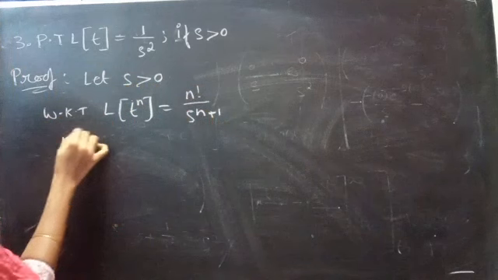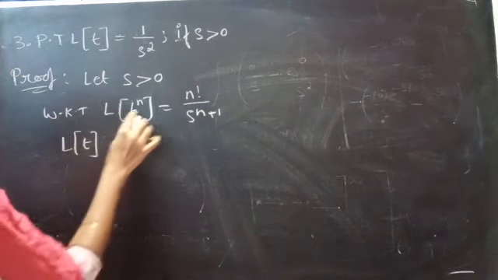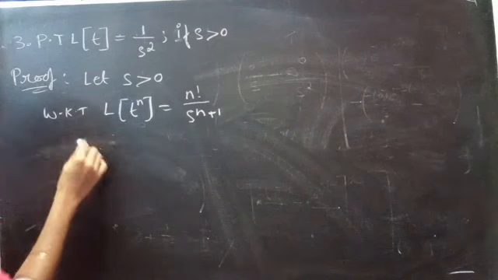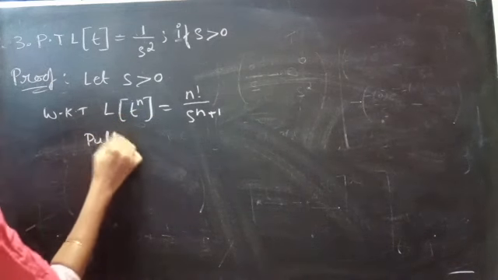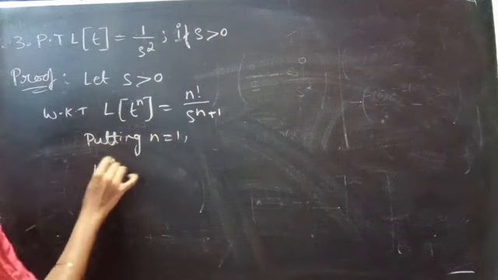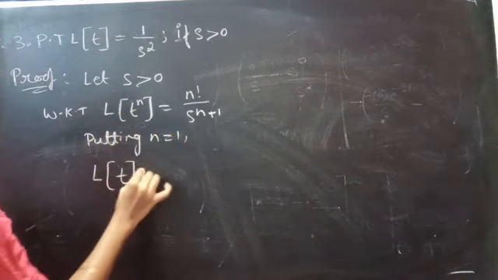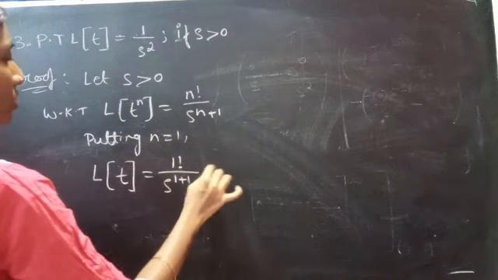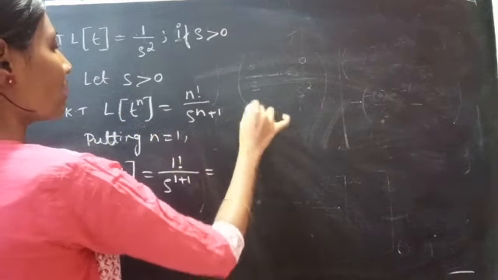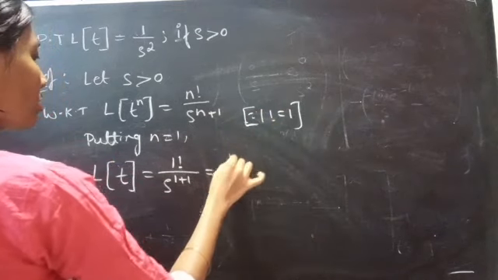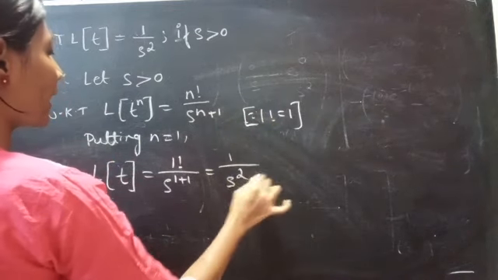Consider L of t now. Putting n equals 1, you'll get L of t equals 1 factorial by s power 1 plus 1, which is equals to, since 1 factorial equals 1, 1 by s square.